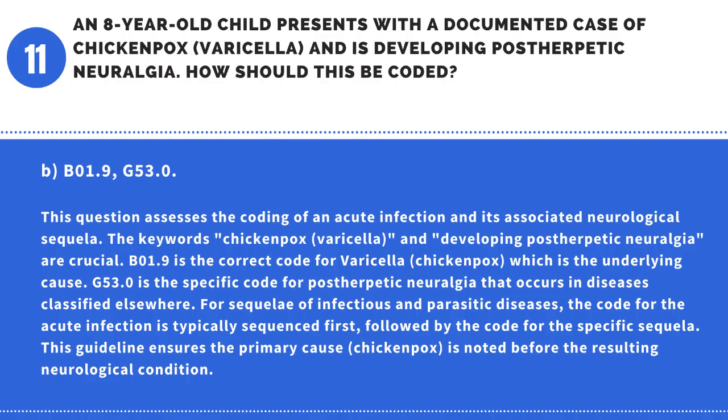G53.0 is the specific code for post-herpetic neuralgia that occurs in diseases classified elsewhere. For sequelae of infectious and parasitic diseases, the code for the acute infection is typically sequenced first, followed by the code for the specific sequela. This guideline ensures the primary cause, chickenpox, is noted before the resulting neurological condition.